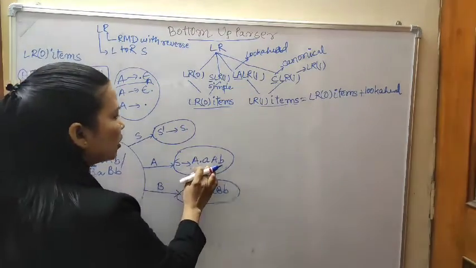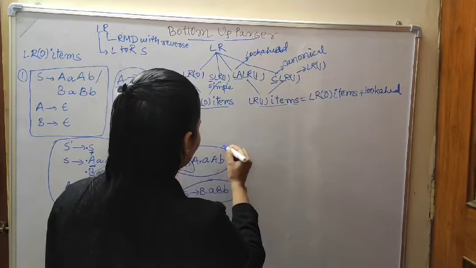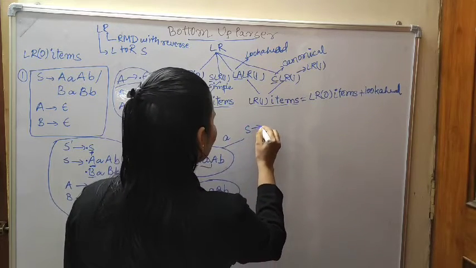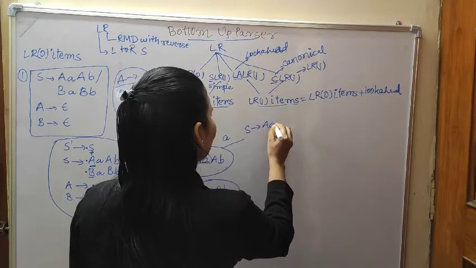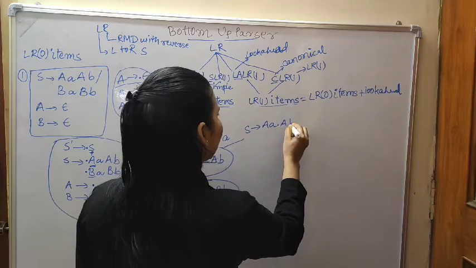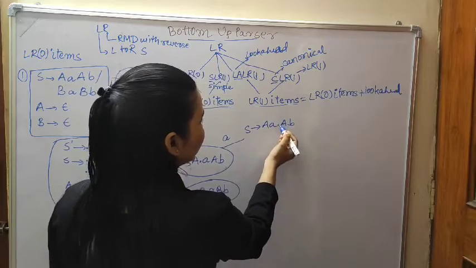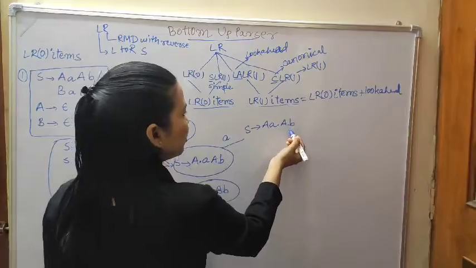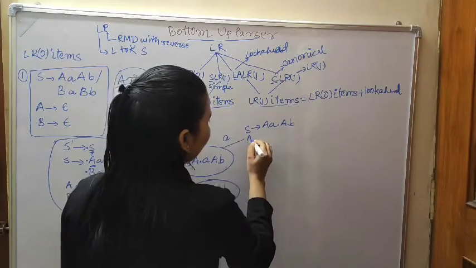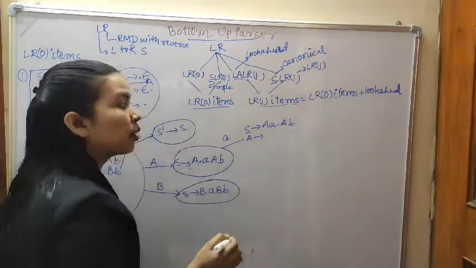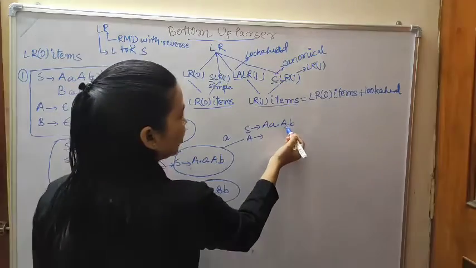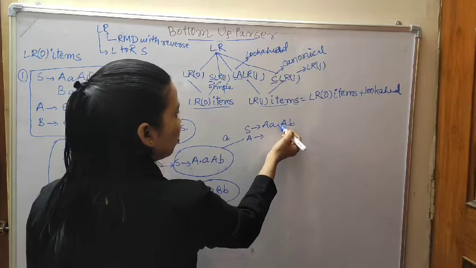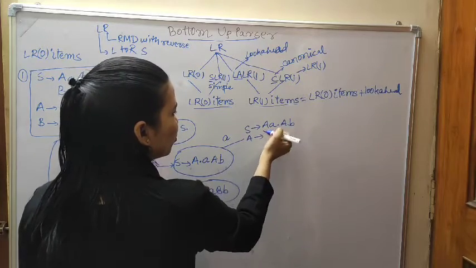So here we can see that A can move from here. S2 A dot A B. A has completed, but this A is a non-terminal variable, so we will write the production rules of A. Always remember that if any non-terminal variable is given after the dot, we will write the production rules of that variable.